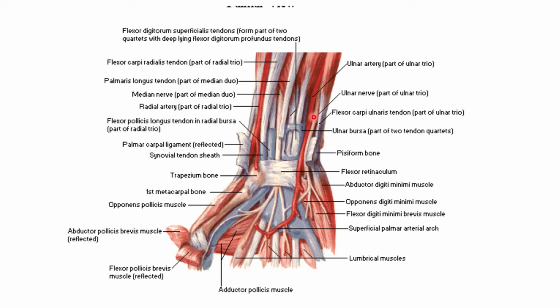The ulnar nerve leaves the forearm by passing along the medial border of the forearm, runs superficial to the flexor retinaculum along with the ulnar artery to reach the palm. So this is how the ulnar nerve is related to the flexor retinaculum.